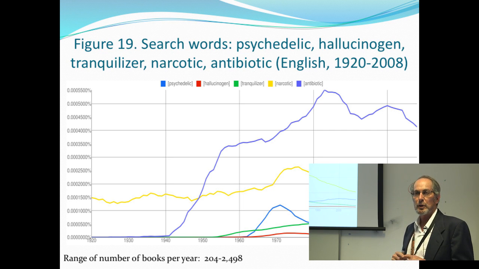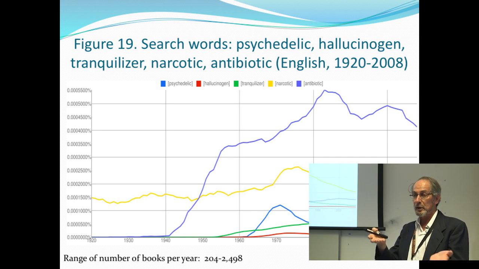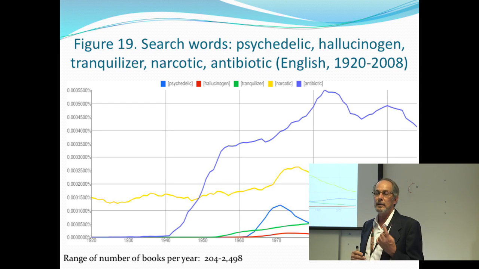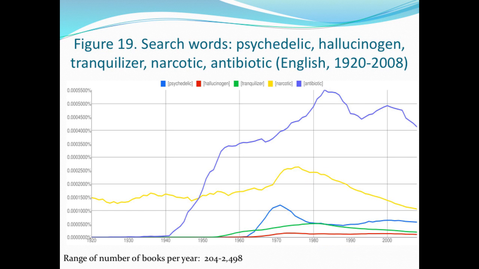Tranquilizer, singular. Tranquilizers, plural. Tranquilizer spelled in the British format, singular and plural. You can have four different results really looking at one category of drugs. I'll tell you that this right here, the search was for tranquilizer singular, and it brought back about 204, 210 books per year, or in this particular year.